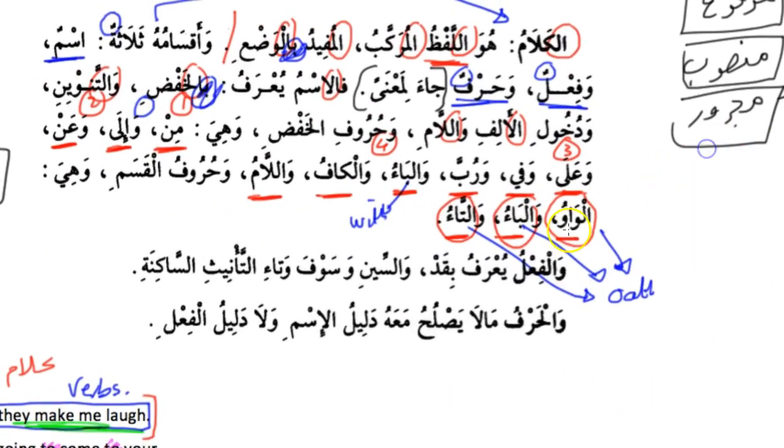Next, the verb. Sometimes a verb has symbols or signs to show that it's a verb. Here, for the symbols, he mentions four things. Let's choose a different color.